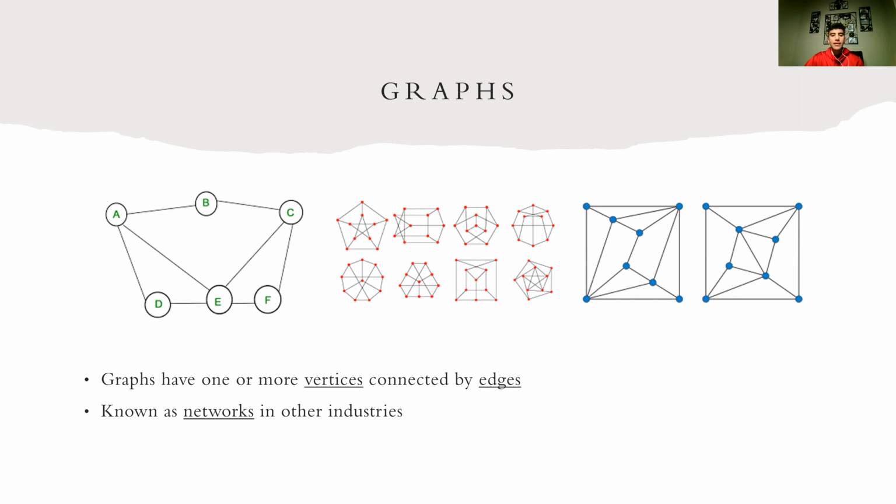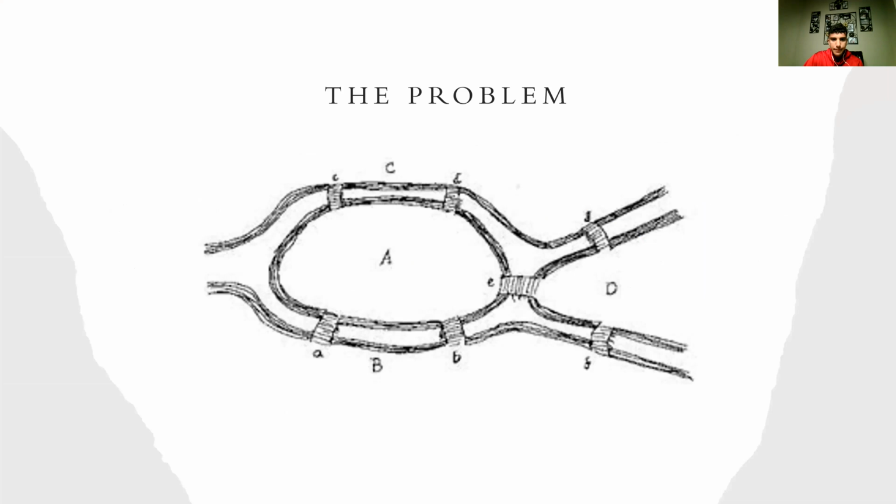There's that, and then there's this, which is the definition we see here: they have one or more vertices connected by edges. As you can see here, the vertices are the little circles that are lettered in the left example, and the edges are the lines. In other industries such as engineering and medicine, these are known as networks.